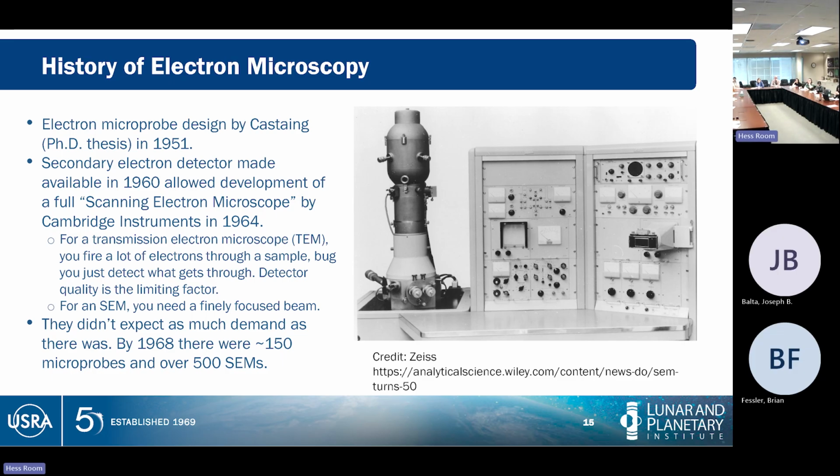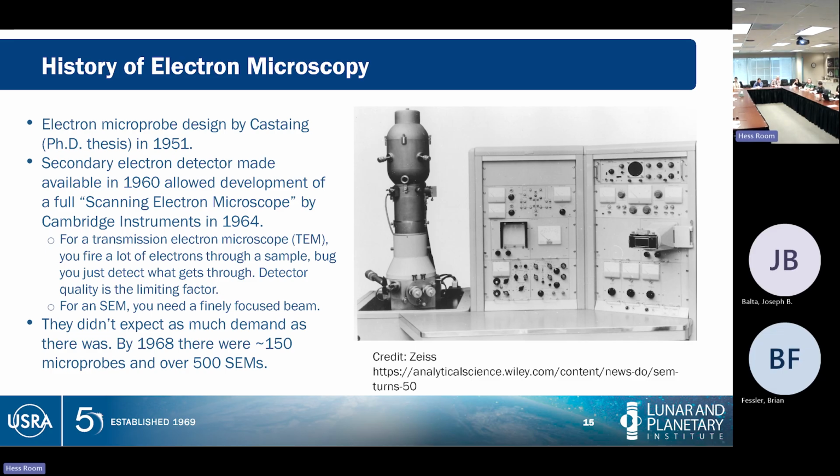We'll talk about how that design works at some point. That electron detector for detecting the shape and type of electrons bouncing off stuff became available in about 1960. That allowed the development of the first full scanning electron microscope by Cambridge Instruments in 1964.